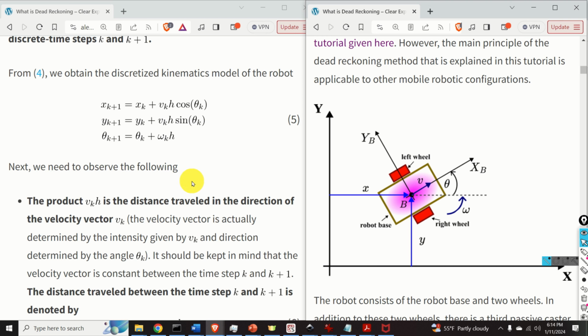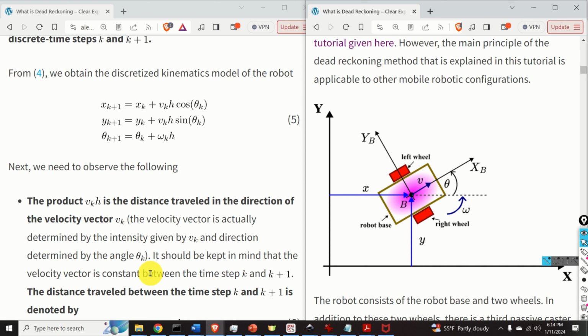In these equations, we need to observe the following. This product, that is Vk times h, is the distance traveled in the direction of the velocity vector Vk. The velocity vector is actually determined by the intensity given by Vk and direction determined by the angle theta k.